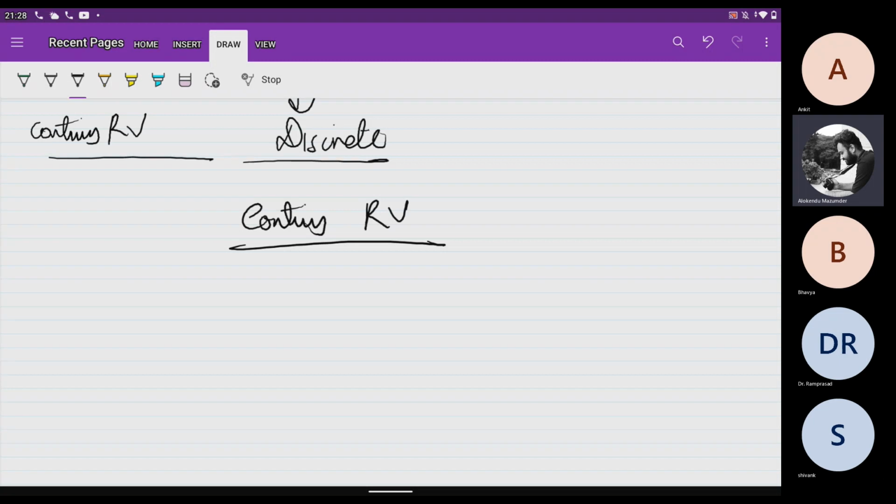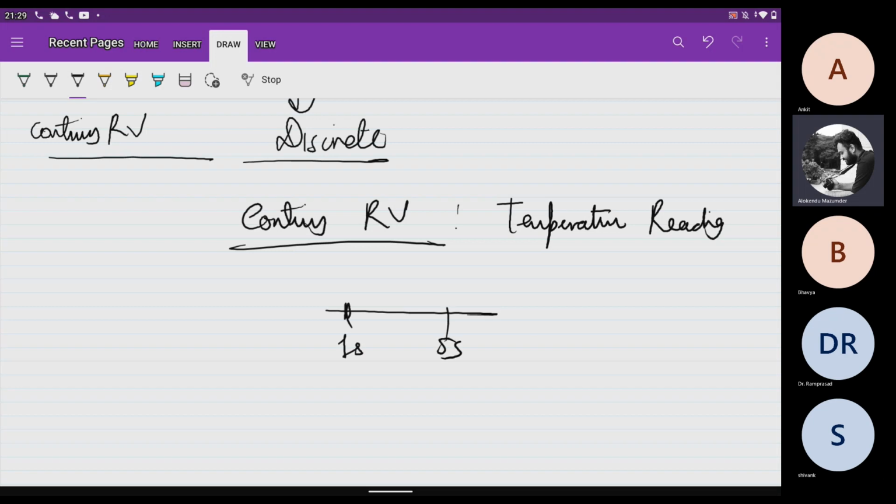Continuous random variable, you can think of temperature reading per day. Exactly. Because at any particular time instant, the temperature is basically a continuous function, right? It can take any value, like 25.6, 25.69, 25.67, and so on.